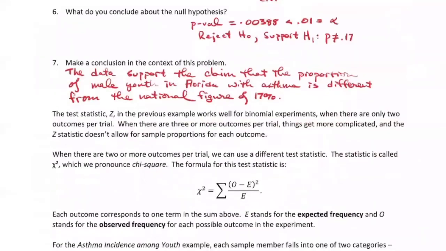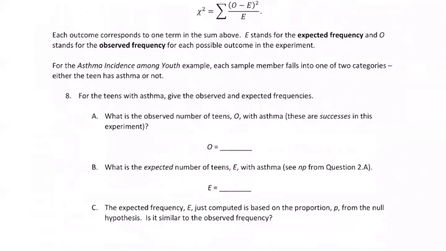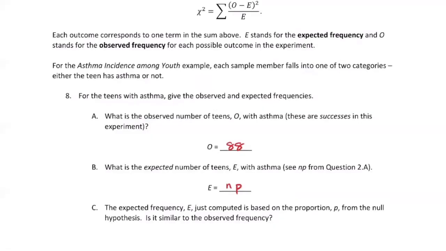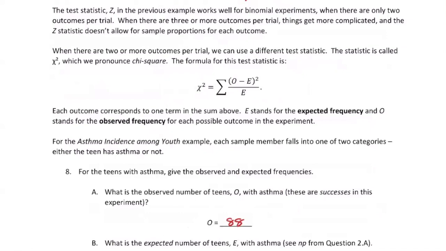So just 88. And the expected frequency, remember, is N times P. That's just the formula for the mean from a binomial experiment. And again, mean is just another word for expected value. Okay? So N times P would be 400. And for P, remember we're using 17%.